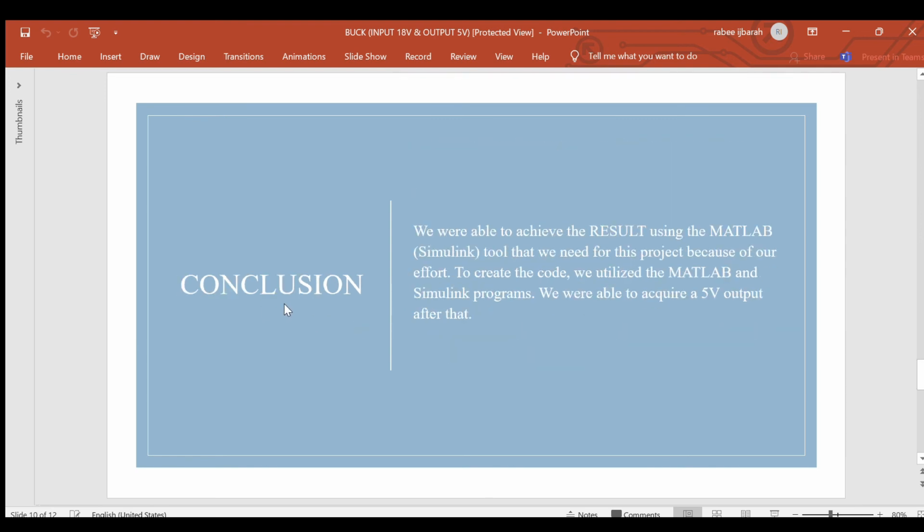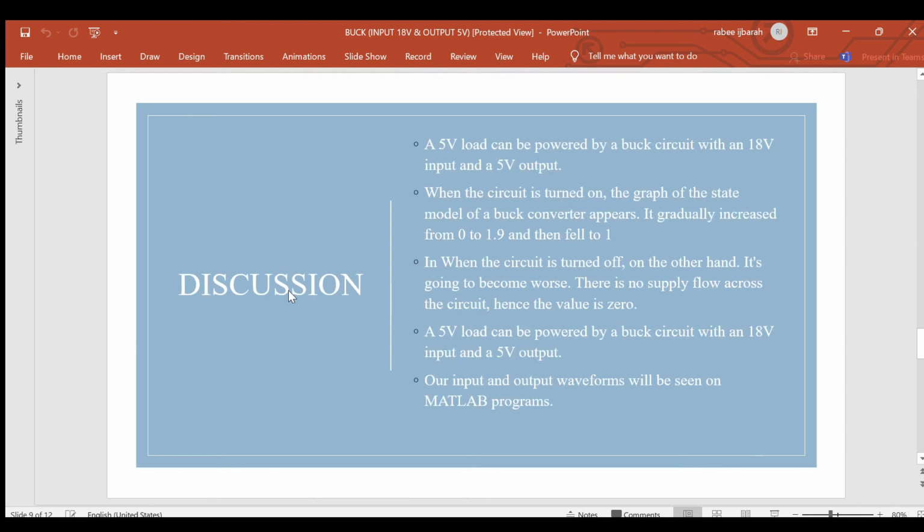For the discussion, you will see in the project that a 5 volt load can be powered by a buck circuit with 18 volt input and 5 volt output.